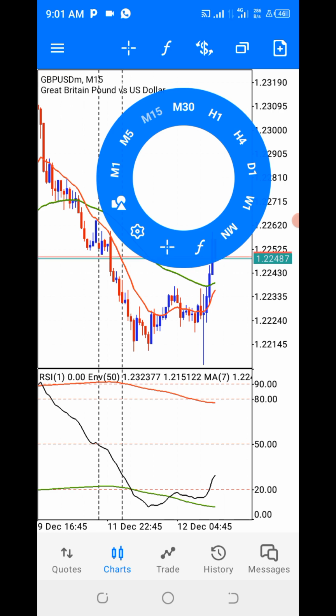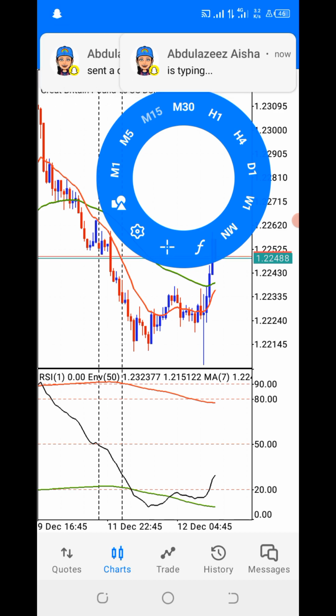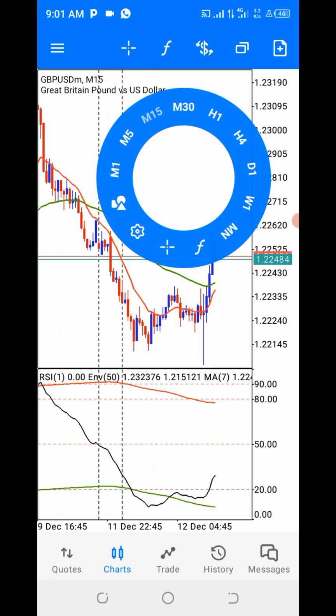Sometimes I take my entry on the 15-minute time frame, and at times I'll go down to my 5-minute time frame and take my entry. It depends on your trading personality, whether you are a swing trader or a day trader. You must understand all these things. Pay attention to them.